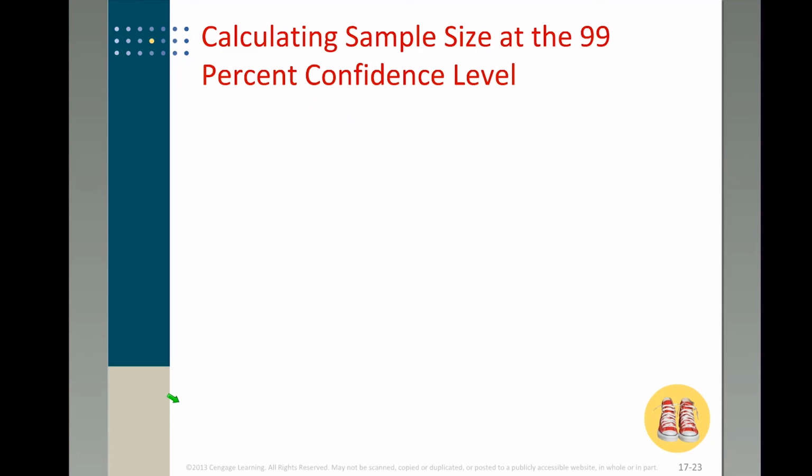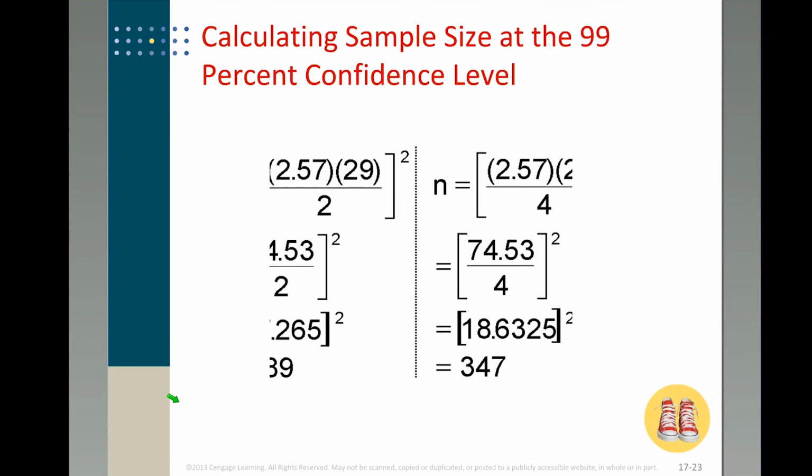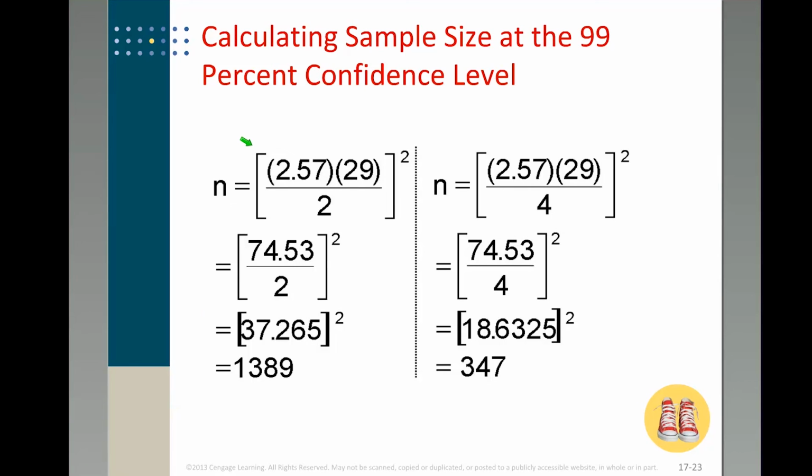The other thing we could change, the other parameter we could change is we could pick different confidence levels. We could pick a 99% confidence level, and apparently the z-value will be changed. Look at the calculation. If you want to be 99% confident instead of 95% confident, for the first case with $2 margin of error, we need a sample size of 1,389 observations, substantially larger.